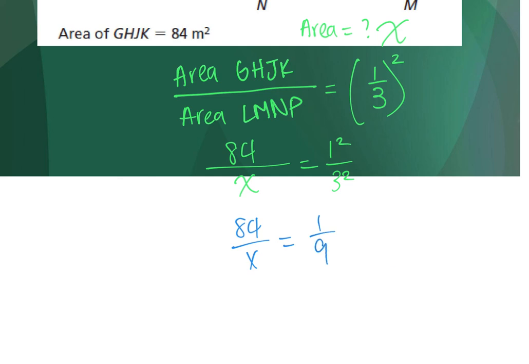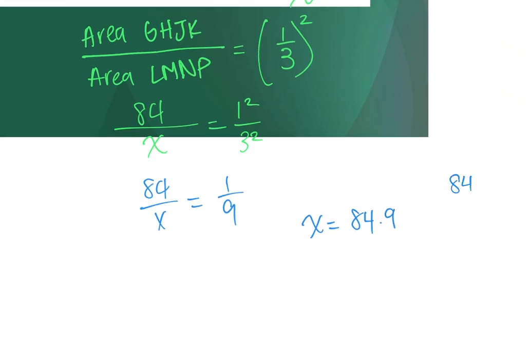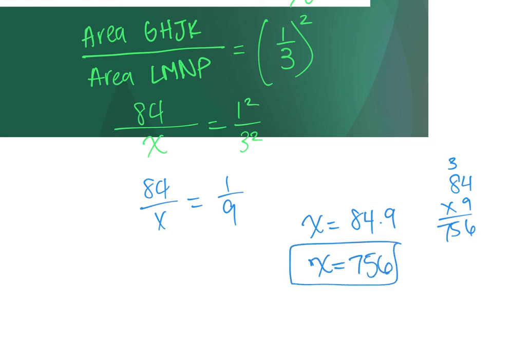Cross multiply, you're going to get x equals 84 times 9. 84 times 9: 9 times 4 is 36, bring up the 3, 9 times 8 is 72, plus 3 gives me 75. 756. So x equals 756, which is the area of the other figure.